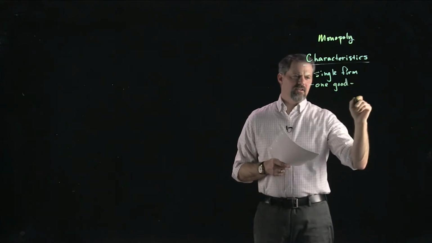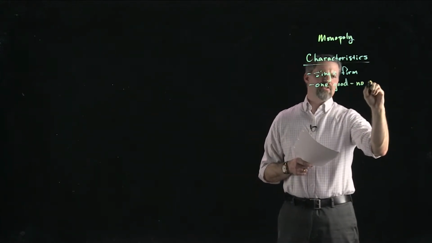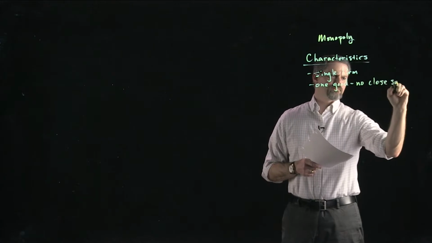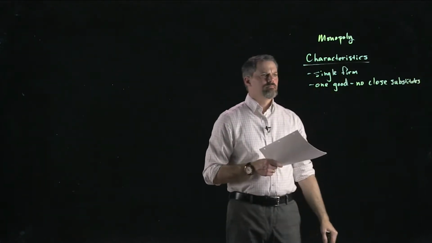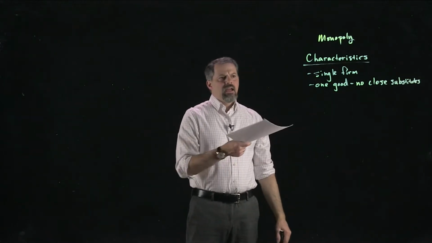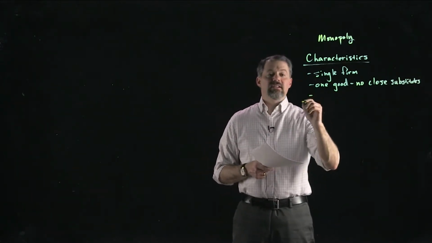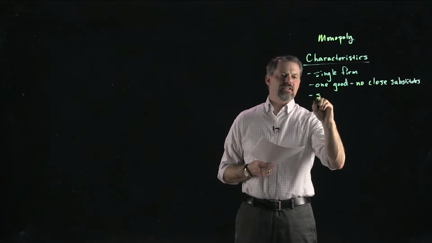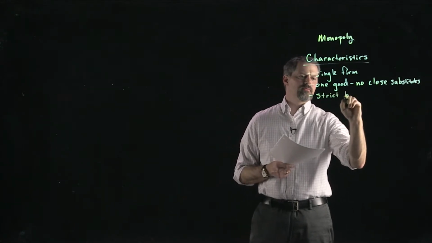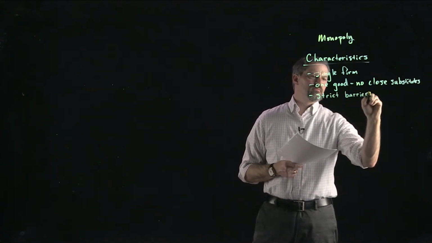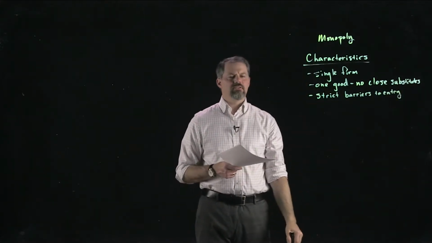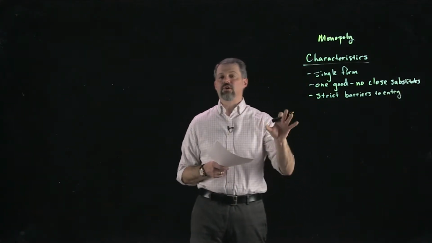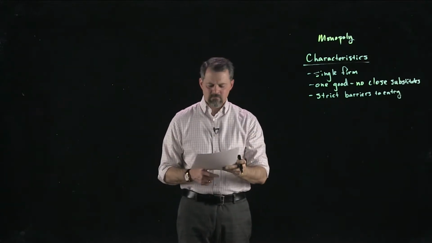And let's say here that there are no close substitutes for this good. And then the final characteristic is that there are strict barriers to entry. Strict barriers to entry. So there are things that keep firms from entering the market.